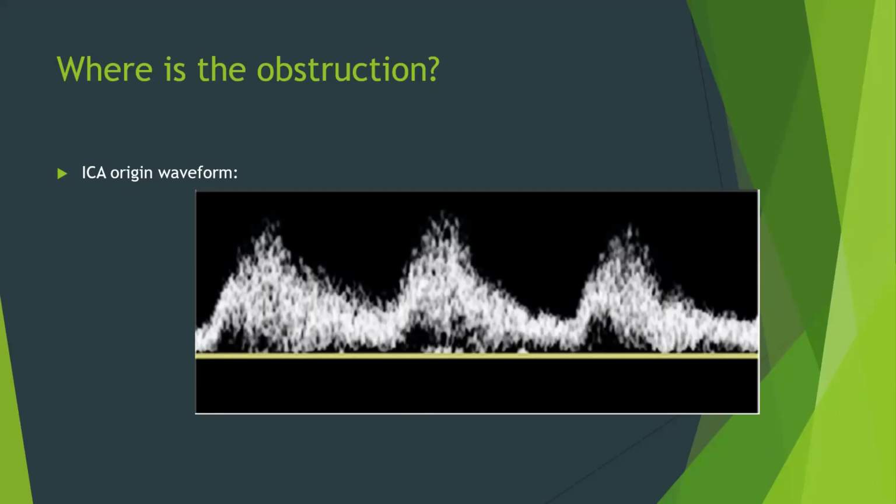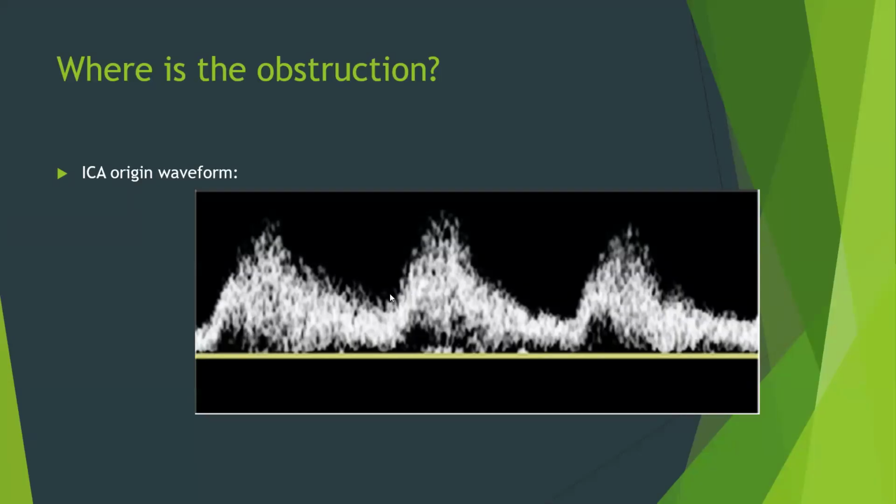So when we're looking at that acceleration time, I'm seeing a really bad acceleration time, so I'm thinking more proximal again at this point. It's very possible, and Leah talked about it a little bit in her first lecture, that we're right at the bulb and we're getting a whole bunch of mixed velocities.